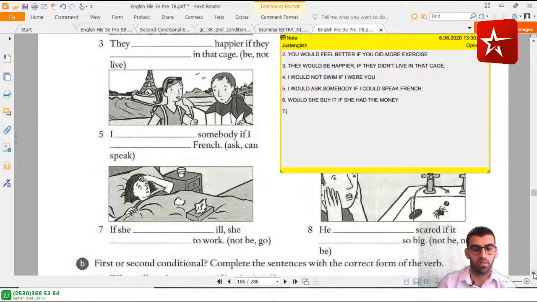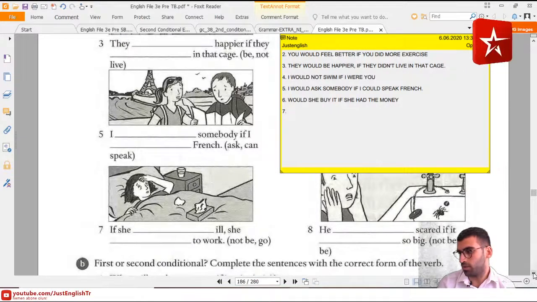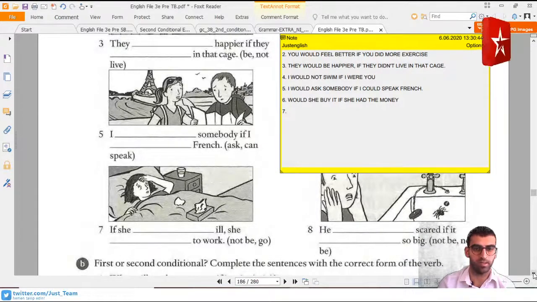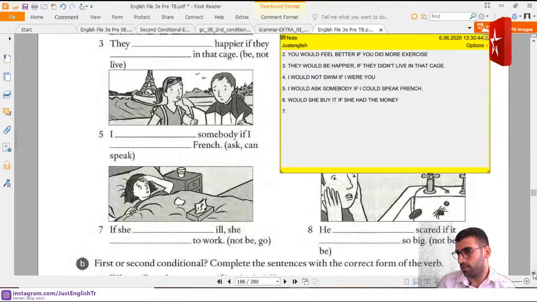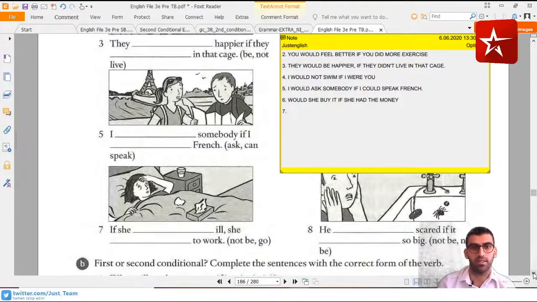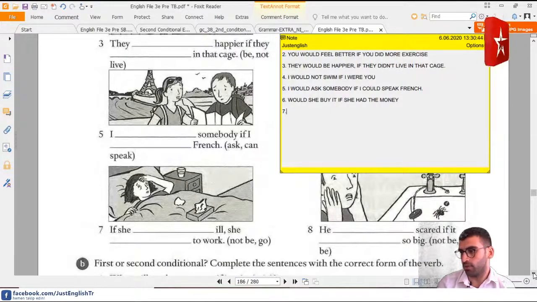If she, blah blah blah, she, what should we write here for number 7? Azma says careless again. Yes. Number 7. Wasn't and would go. Tuko and Gusafa say wasn't and would go.